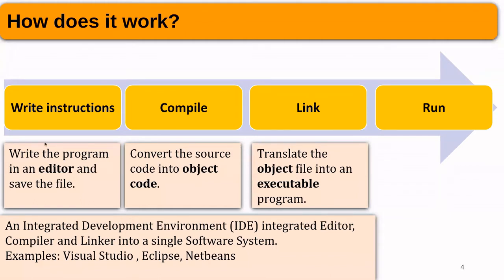Here you can see the steps: write the program in the editor. We write the C program using the editor, and you have to save the file. Then you convert the source code into the object code using the compiler. Then link.